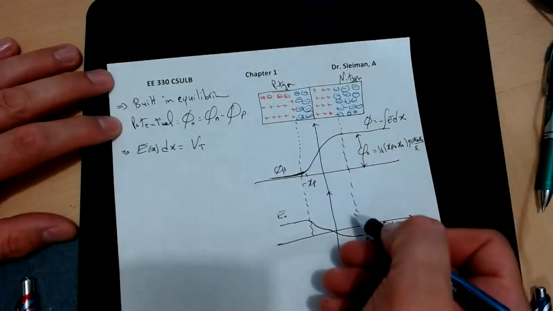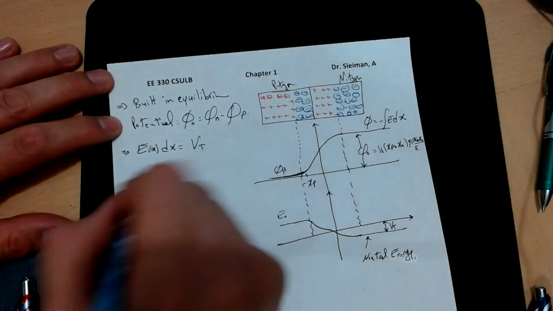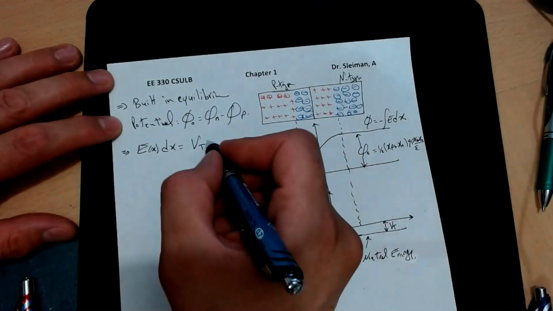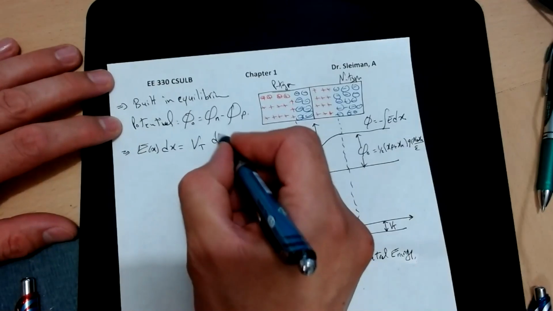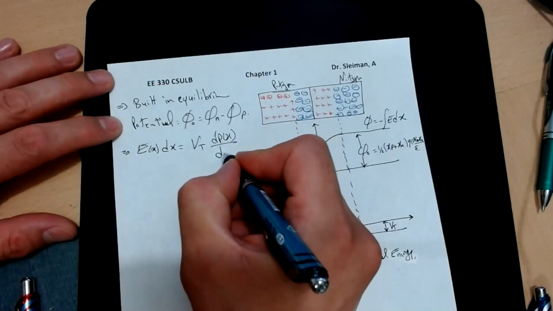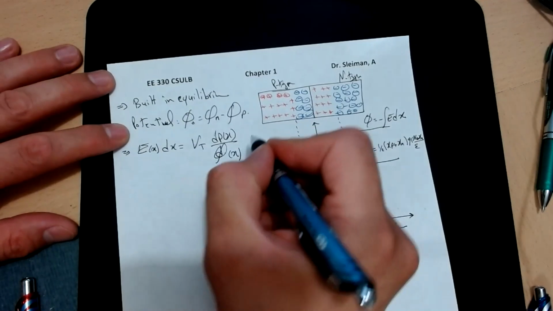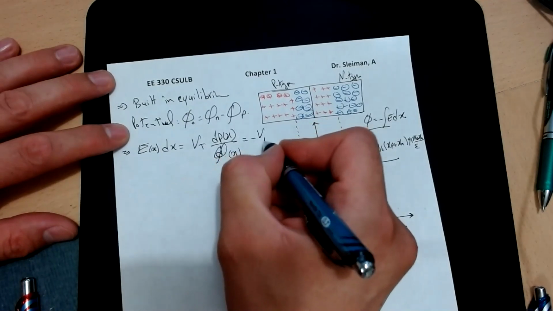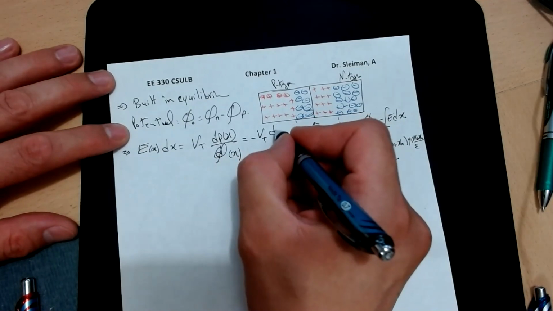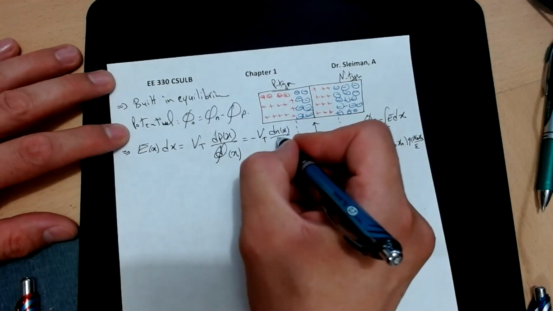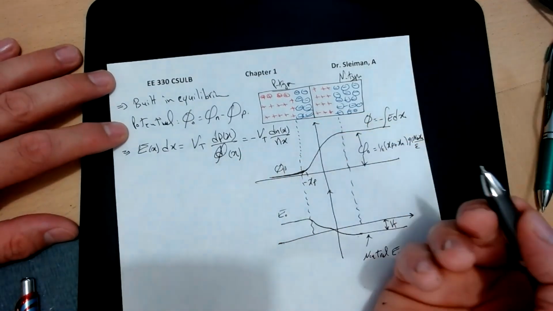Equal to Vt integral of dp(x)/p(x) is equal to negative Vt integral of dn(x)/n(x).